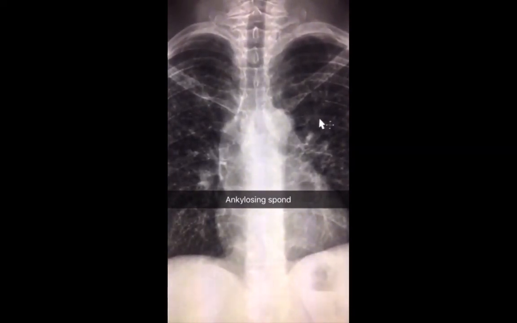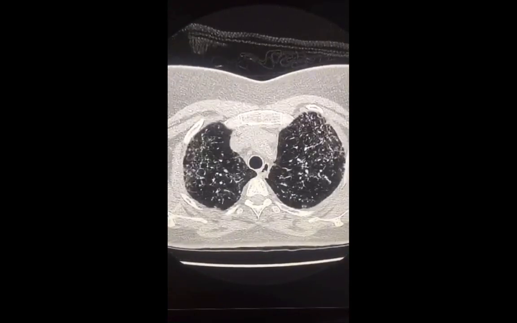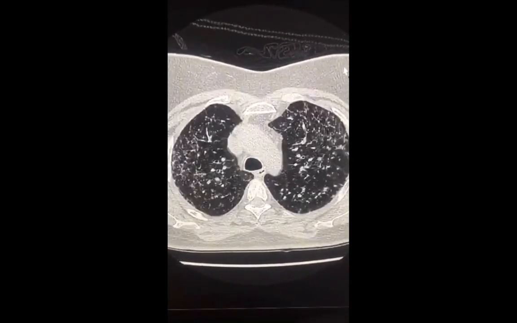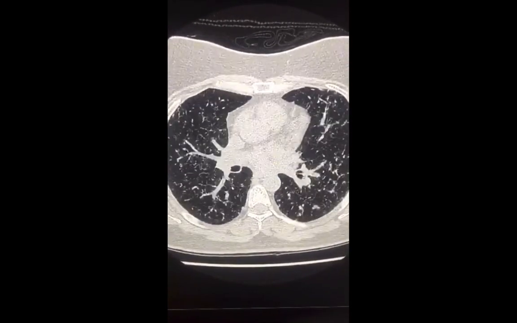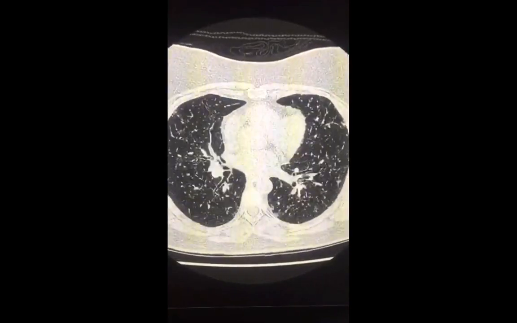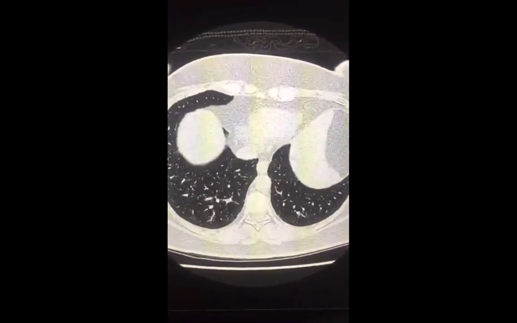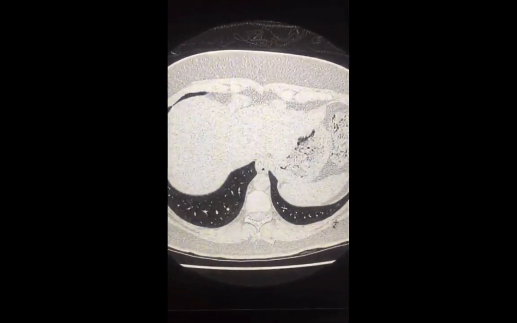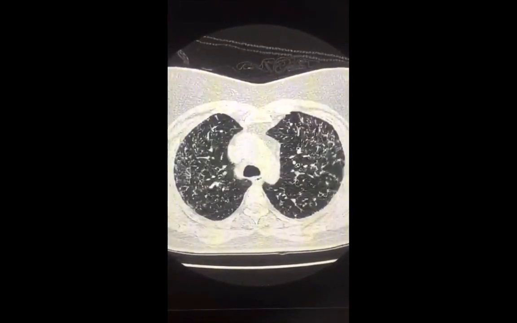This is the CT scan of the same patient. As suspected on the chest radiograph, the abnormalities are clearly upper lung predominant, with relative sparing of the lower lungs.